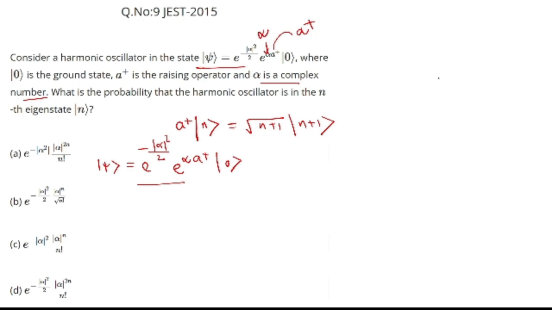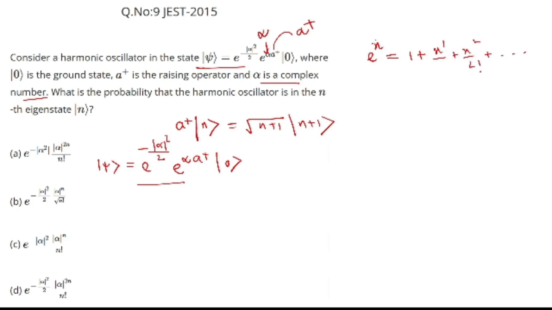Now see, for the exponential e to the power x, what is the expansion? It will be x to the power 0 by 0 factorial, which gives 1, first term 1 only, plus x to the power 1 by 1 factorial, plus x to the power 2 by 2 factorial, and so on.